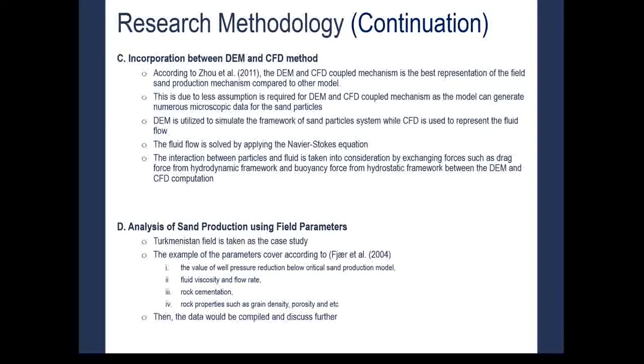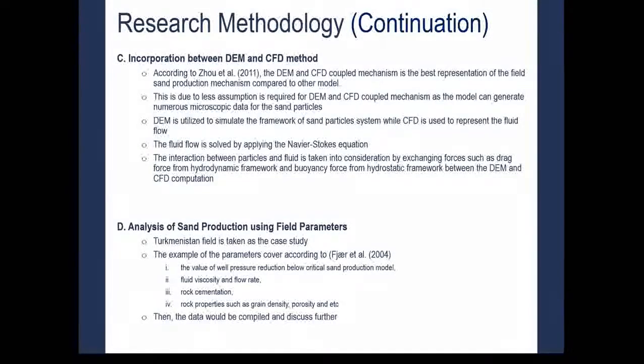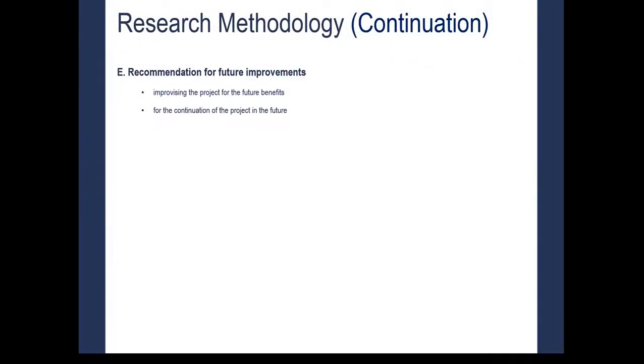Among the analyses that we would do for this project is the prediction of the amount of sand that would be produced each day, as well as how much sand will accumulate throughout the oil or gas recovery.